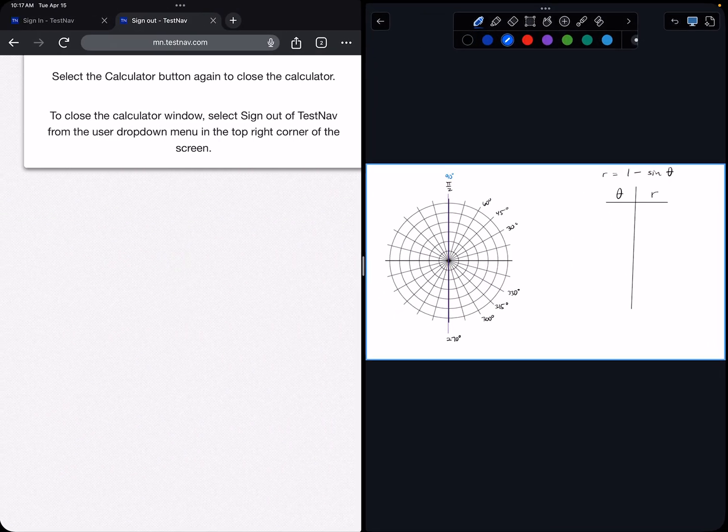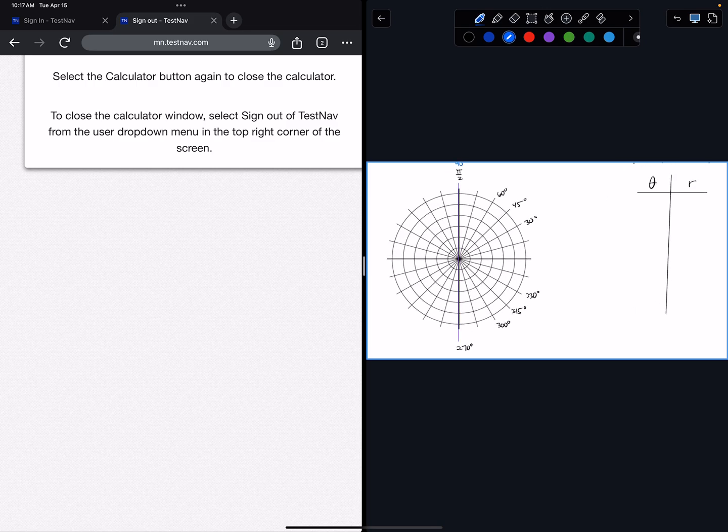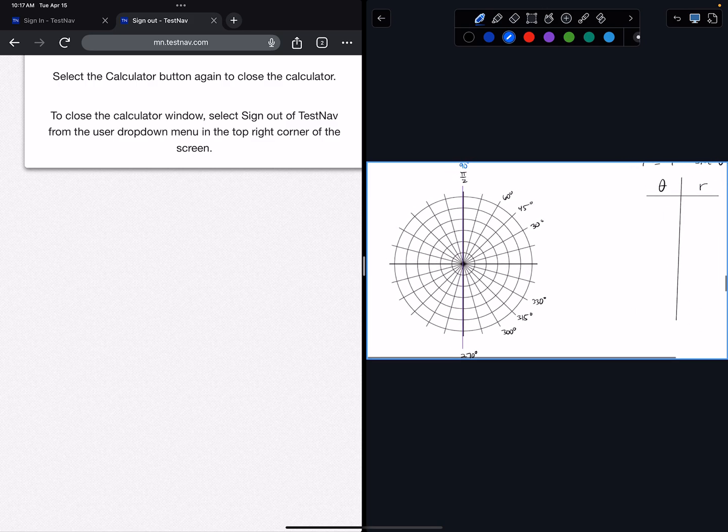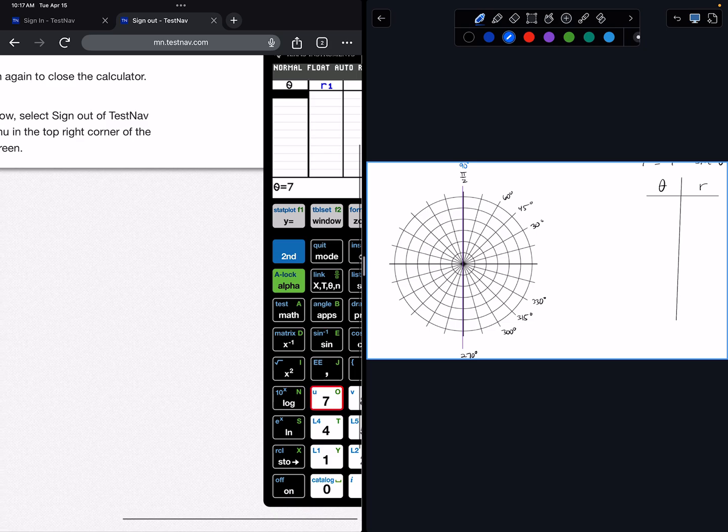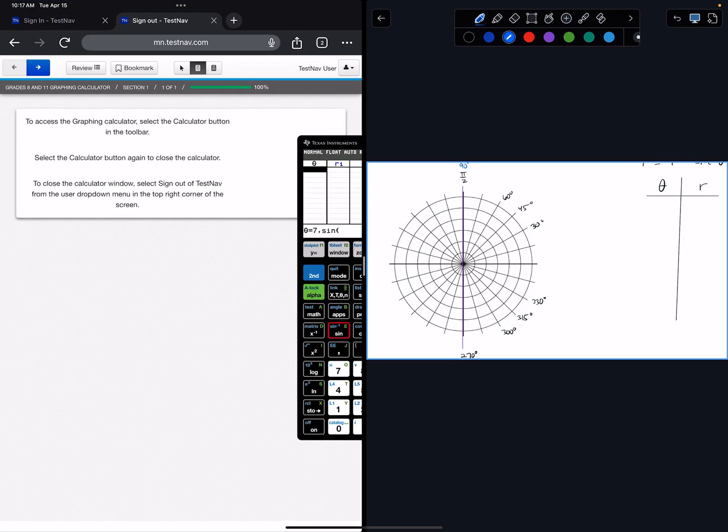See if it does it. Does it do it? Oh, it does. Sweet. Can you guys see that? So I want 270, 300, 315, 330, 0. I should have written 0. Oh, it doesn't do it. Come on, come over here. There we go.